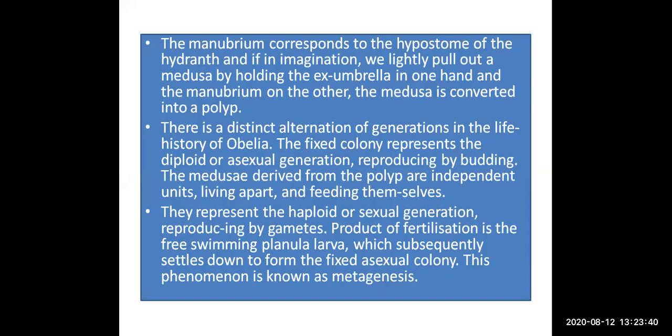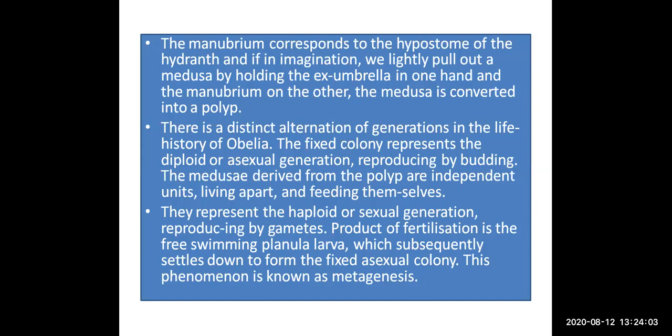There is a distinct alternation of generations in the life history of Obelia. The fixed colony represents the diploid and asexual generation, reproducing by budding. Medusae derived from the polyps are independent units, living and feeding by themselves.